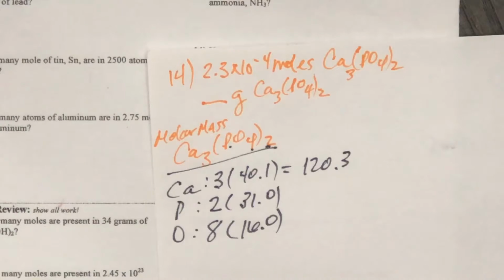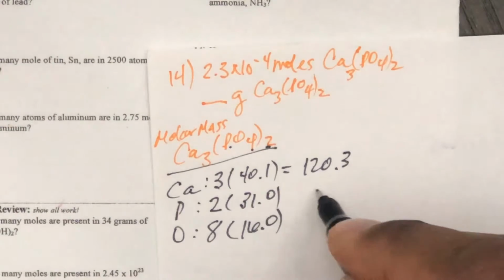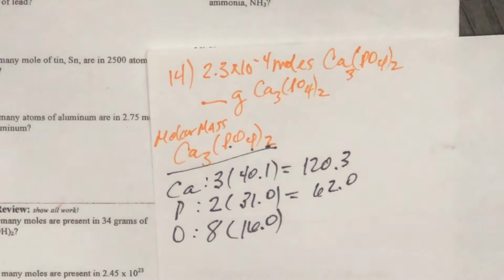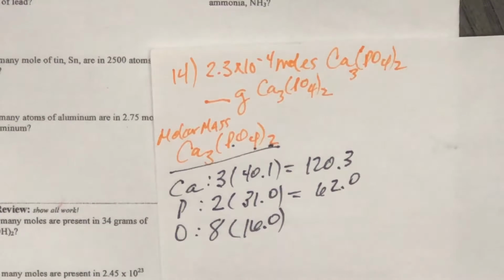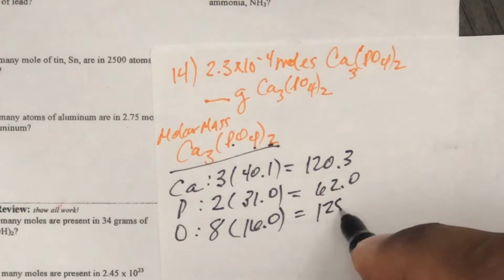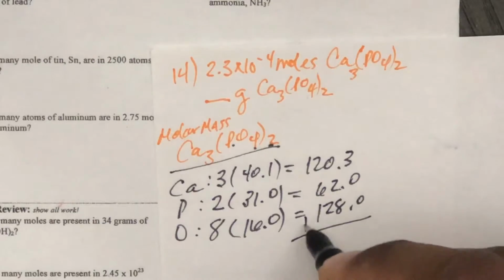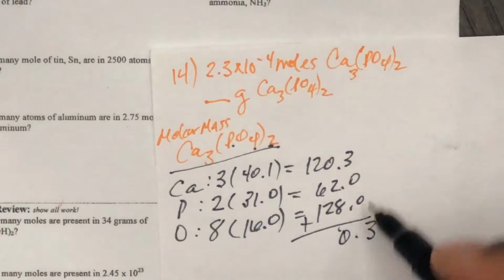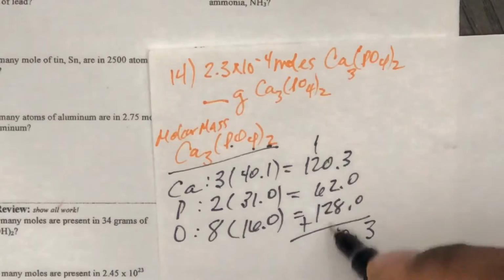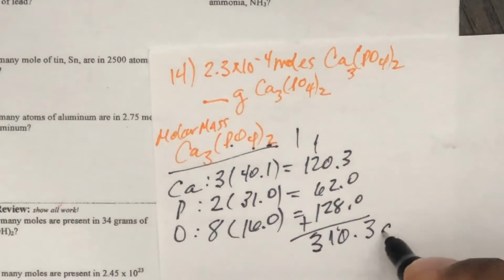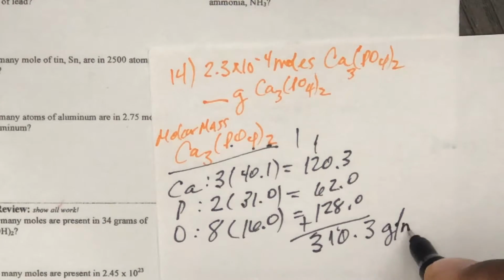For phosphorus, it'll be 62. And for oxygen, it'll be 128. So then you add them all up. 310 grams per mole.